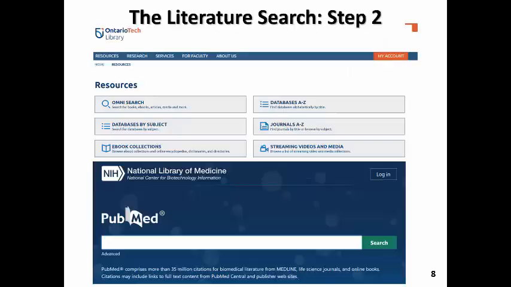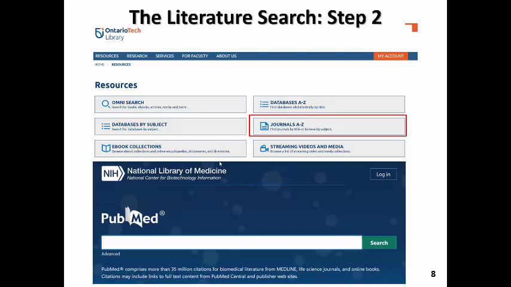The second step is to begin the process of identifying the existence of current literature and the current state of knowledge. And so at Ontario Tech University, this can be accessed through the library website, specifically by accessing the journal link here in order to find those journals within which the articles of interest exist.